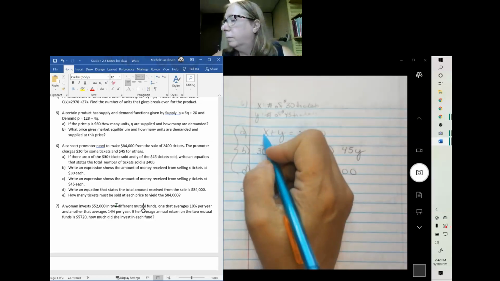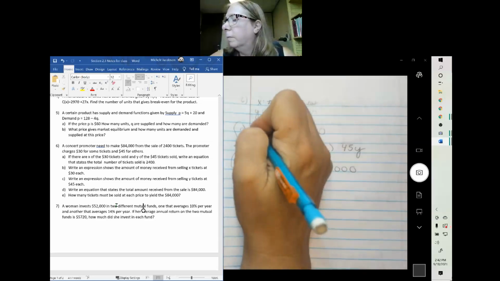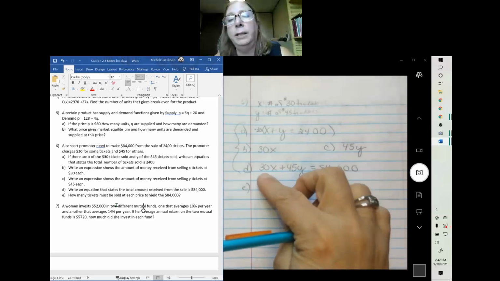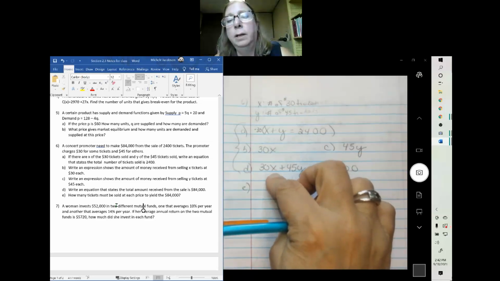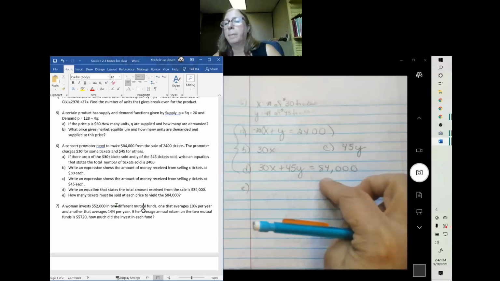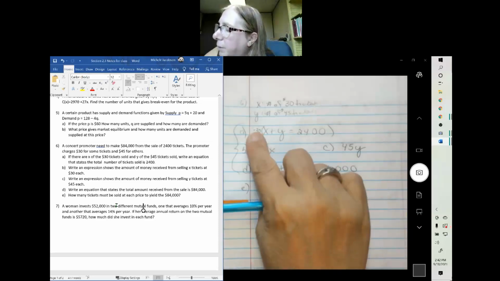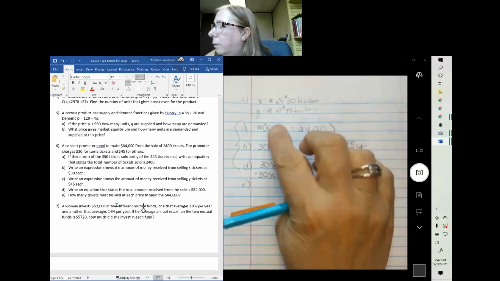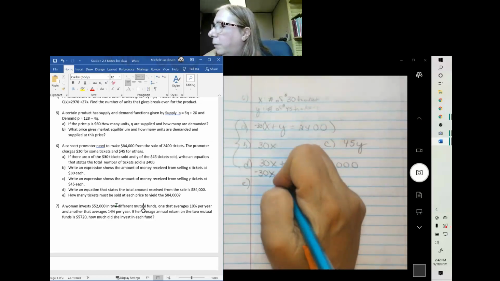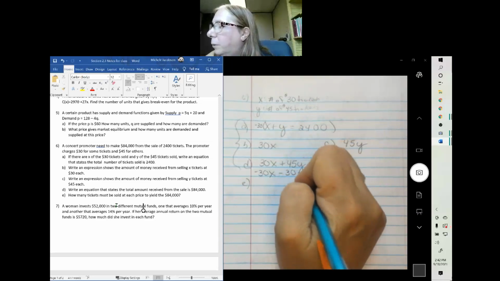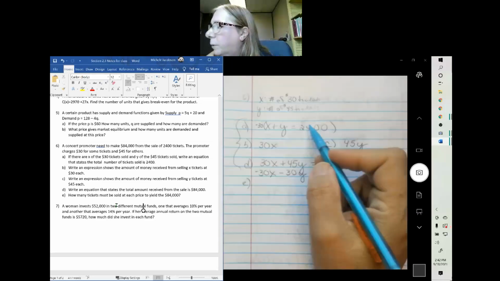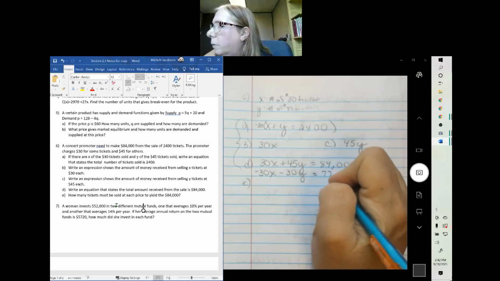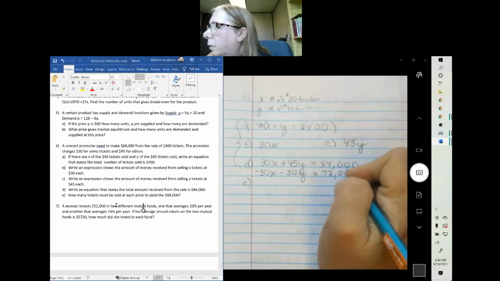So I would multiply this one by a negative 30 so that the x's would cancel. I'd keep this the same, and then negative 30 times x would be a negative 30x. Negative 30 times y would be a negative 30y, equal to 30 times 2,400, which is 72,000.